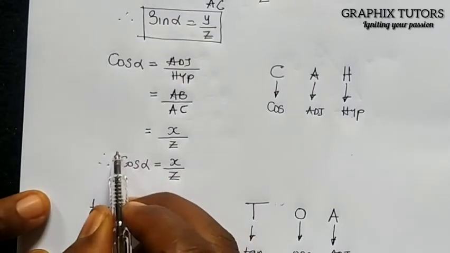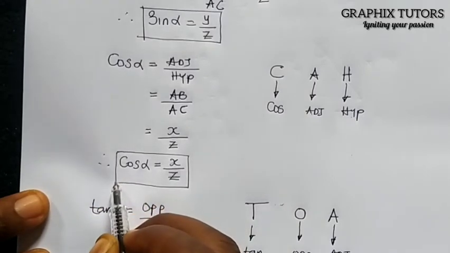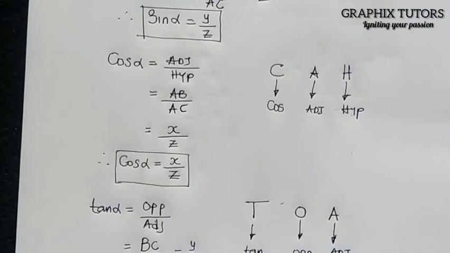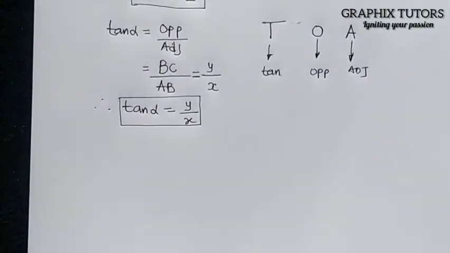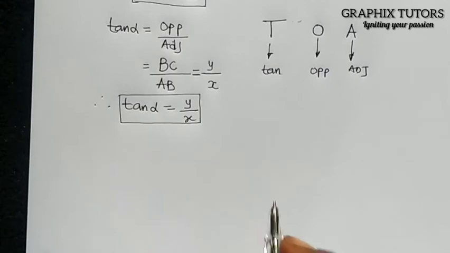We have cos alpha, tan alpha, and sin alpha. So we move forward. Now we'll go to the inverse of these specific functions of angles, which I've said in my earlier videos, but I'll just do this again.